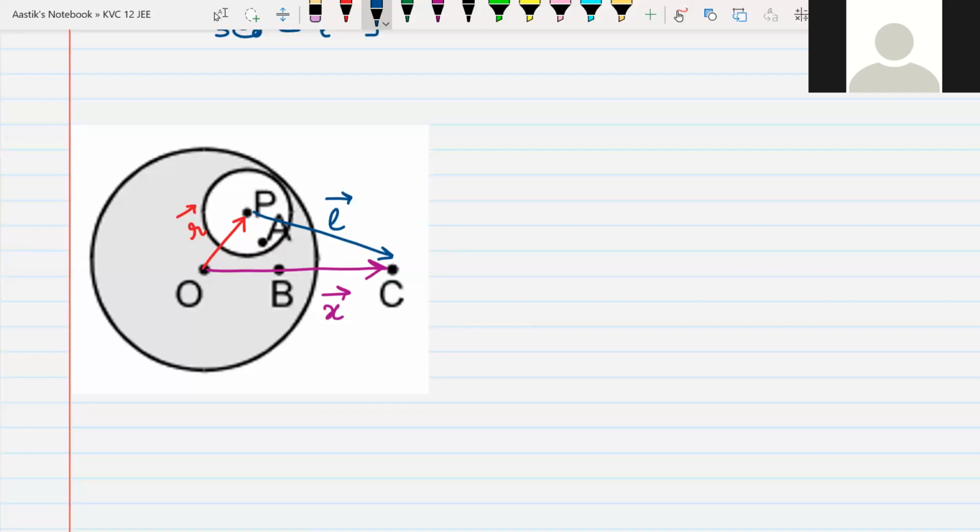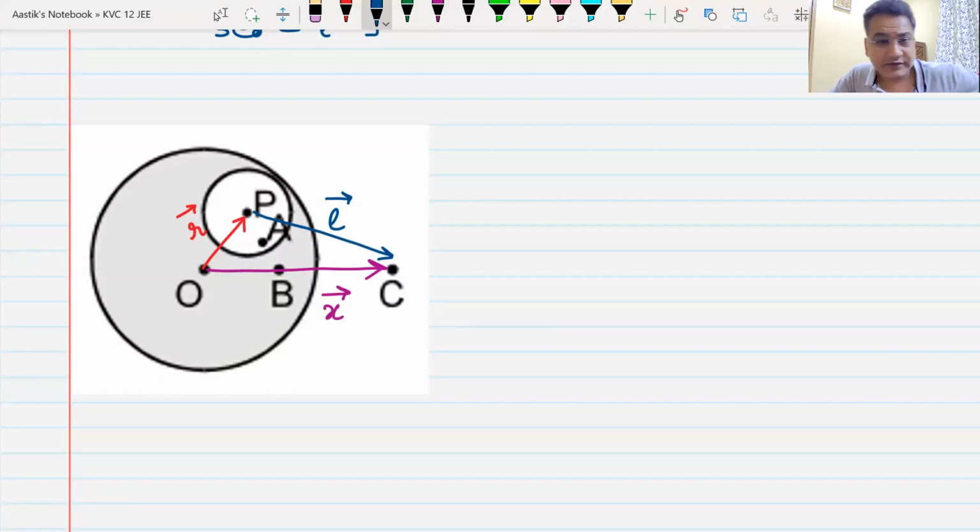Rho by 3 epsilon naught into capital R cube by X cube X vector minus L vector by L cube.